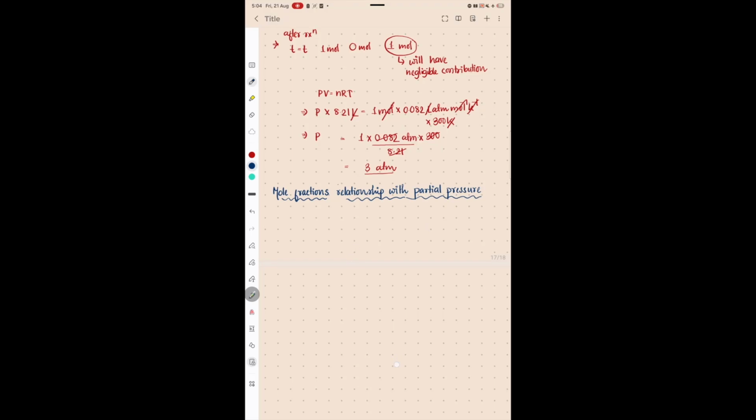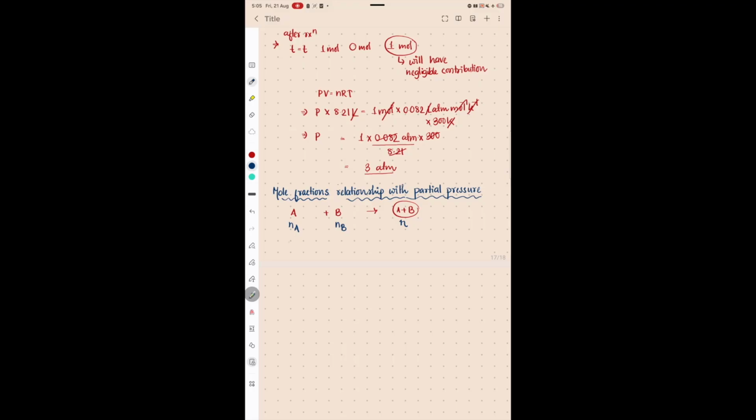So let's say I have gas A and gas B and I have mixed them. Now I have a mixture of gas A plus B. Here the moles of gas were Na, here the moles of gas were Nb, and now I have N, that is total moles.